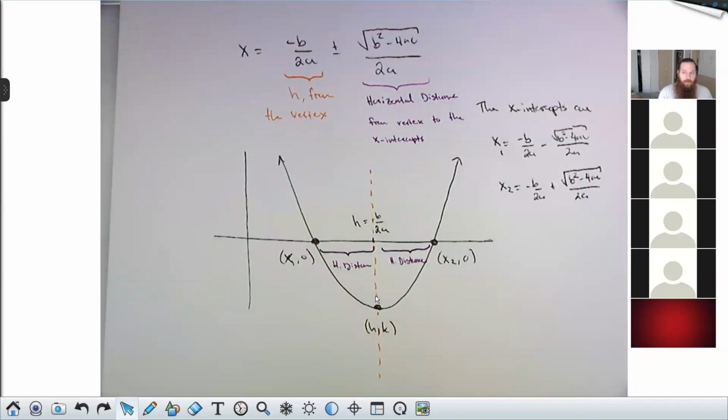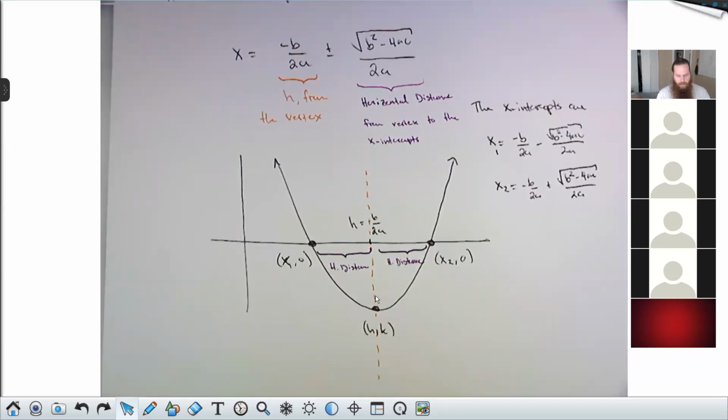You can also think about the discriminant here. So notice that the discriminant is the part under the square root.